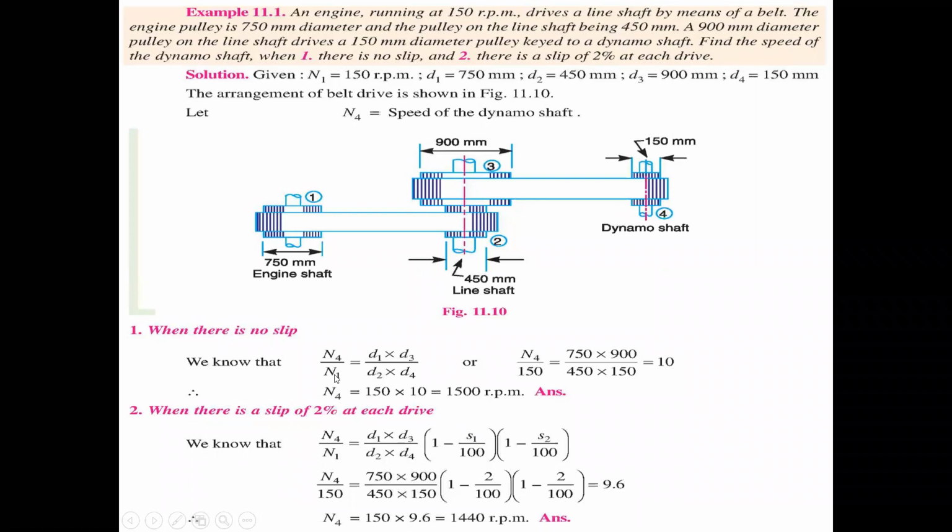N4 by N1 equals (D1 into D3) by (D2 into D4), which we already know. Here N1 is 150, D1 is 750, D3 is 900, D2 is 450, and D4 is 150. Just substitute the values, then we simply get N4 equals 1500 RPM.